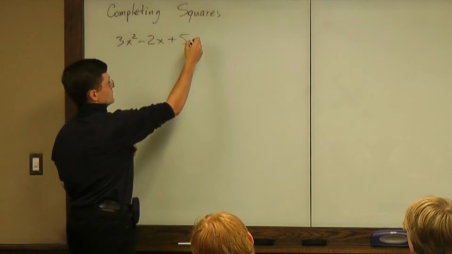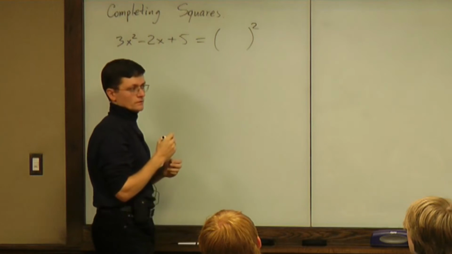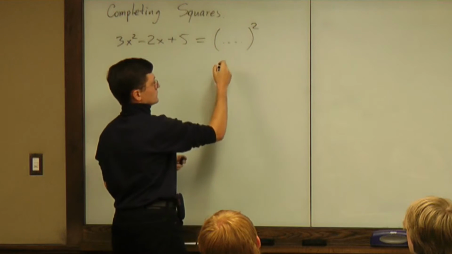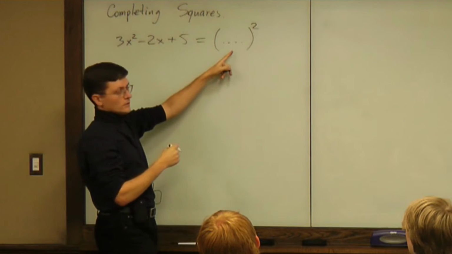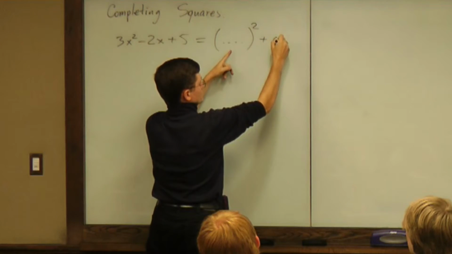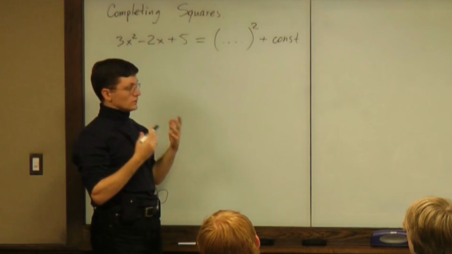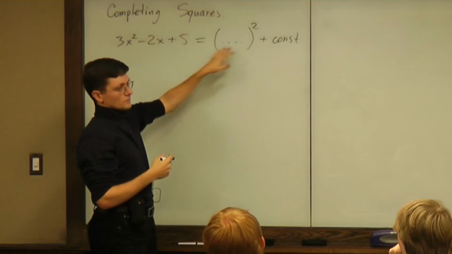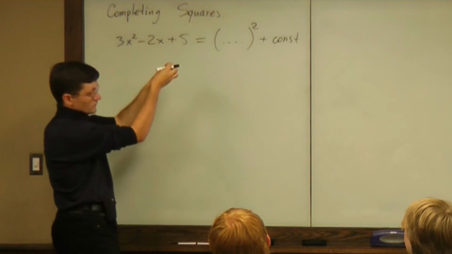I mean writing this as a square of something, that something should contain the variable x, and possibly plus a constant. So my goal is to make that a square and to hide the constant inside.